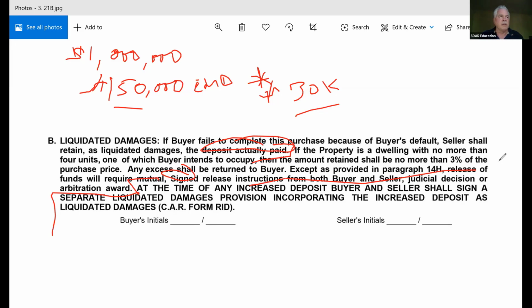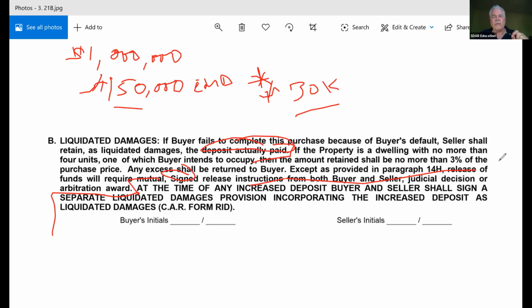So sometimes you'll have a contract where it'll say that after the buyer removes all of their contingencies, on day 17, for example, the buyer will bring another $50,000 into escrow. Now, again, that's not being passed through. That's not being given to the seller. That's not being called non-refundable.